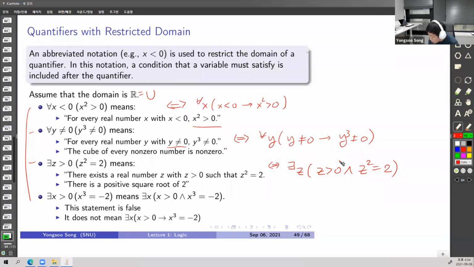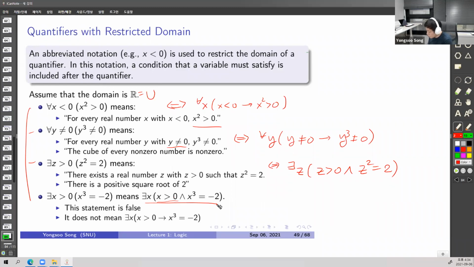Okay, let's look at the final example. This one means there exists x such that x is positive and the cube of x is equal to -2. So this statement is false because for every positive x, the cube of x is also positive, so there's no such element.